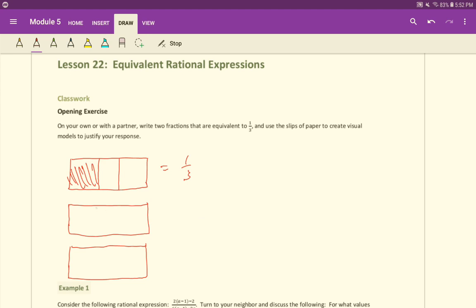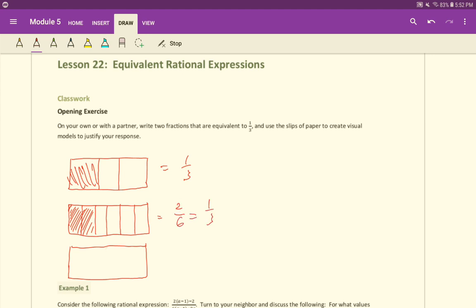We could also do that same 1/3 and split them further in half. So split each one of these individual bars in half, and then how many are there? 1, 2, 3, 4, 5, 6. So if we shade in 2 of those, that would be equivalent to 2/6, which is the same thing as 1/3.